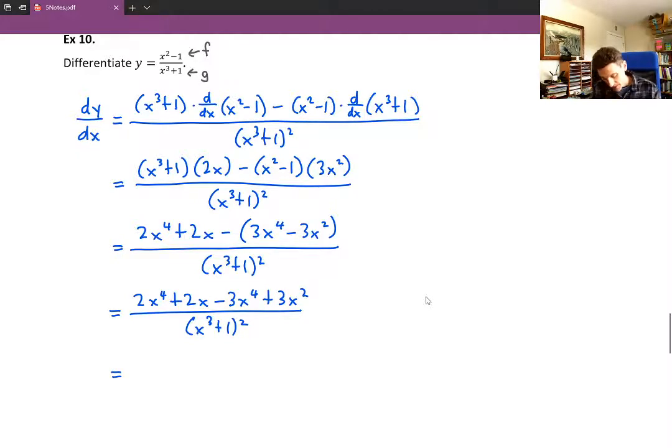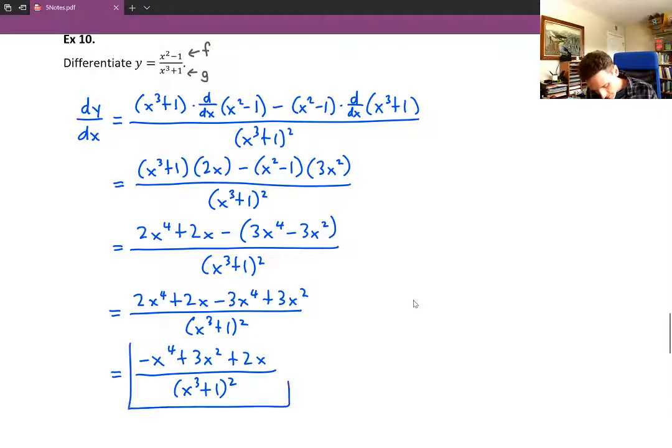And what I'll do is I'll just write the terms in order. So negative x to the fourth plus 3x squared plus 2x. That's what we have on the top, all over open paren x cubed plus 1 close paren squared. All right, so there's a good simplified version of the derivative using the quotient rule.